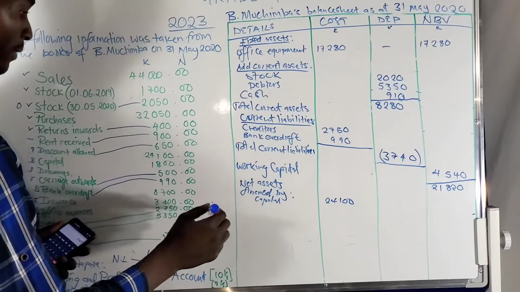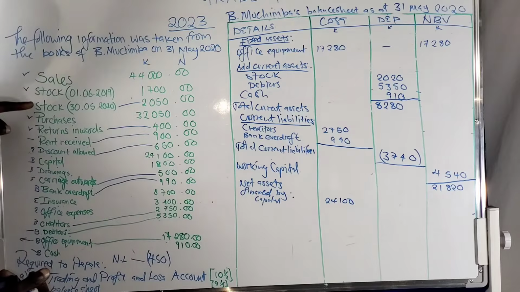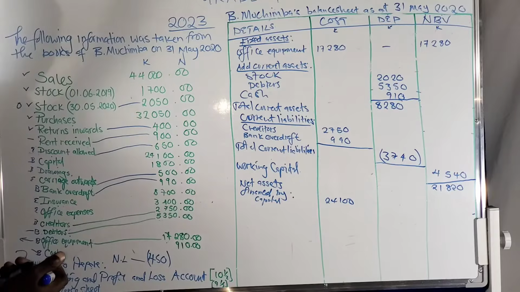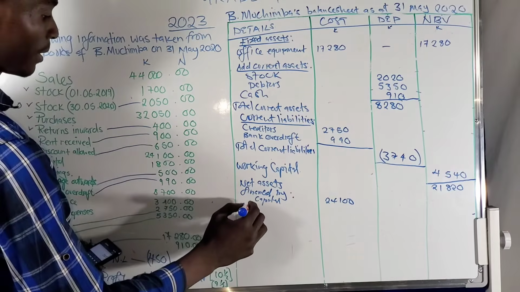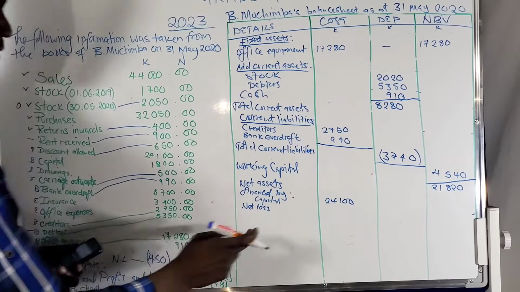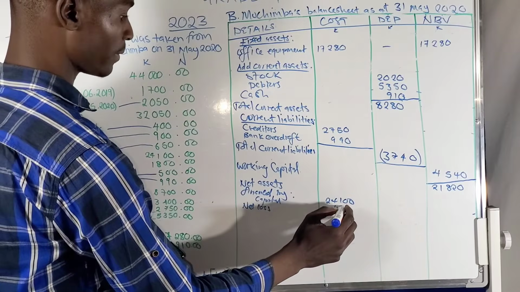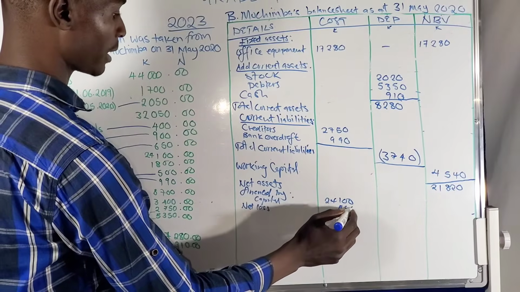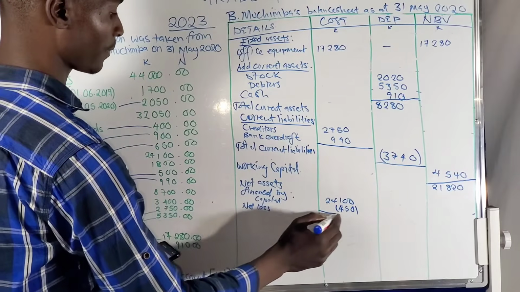Let's check if we have the drawings or long-term liabilities. If we check, we don't have a long-term liability here. We only have net profit, net loss. So we're going to say here net loss, and our net loss was 450. So this was negative.